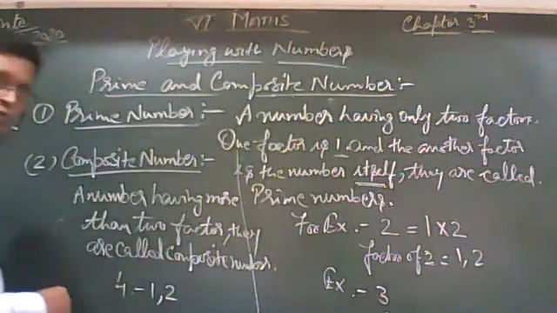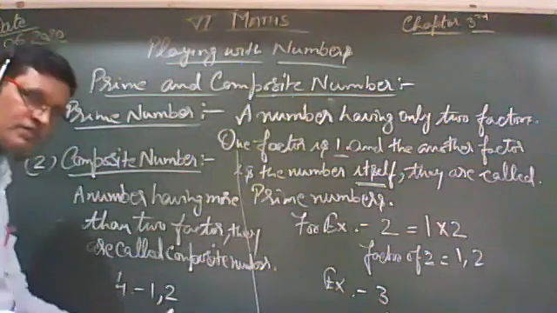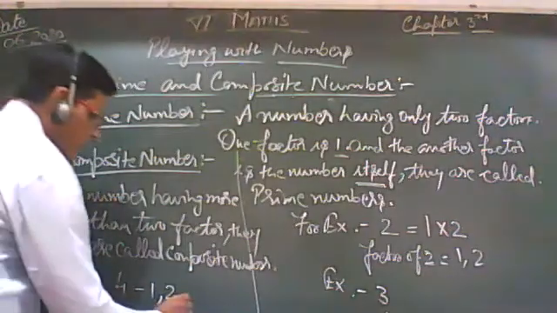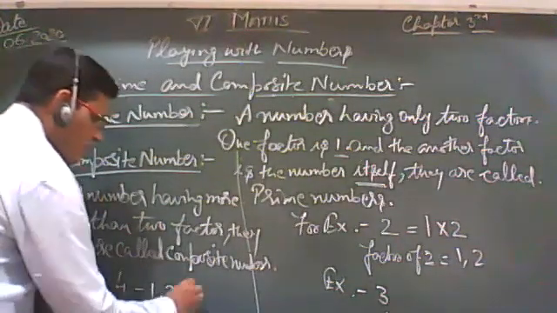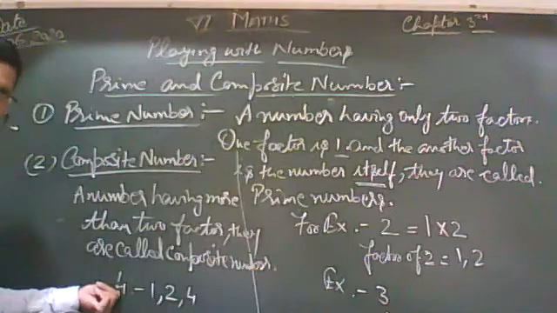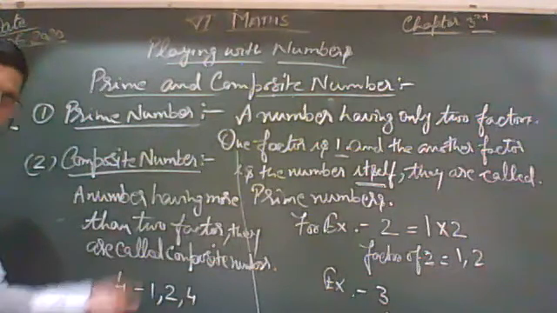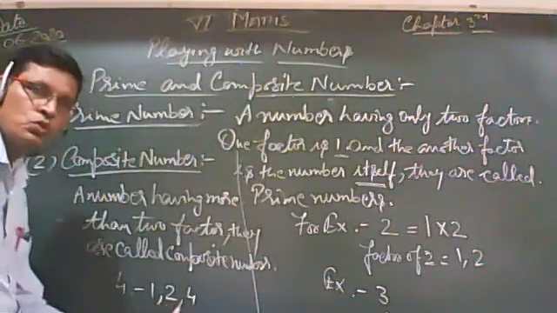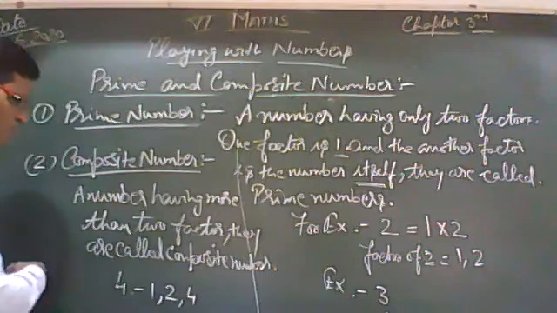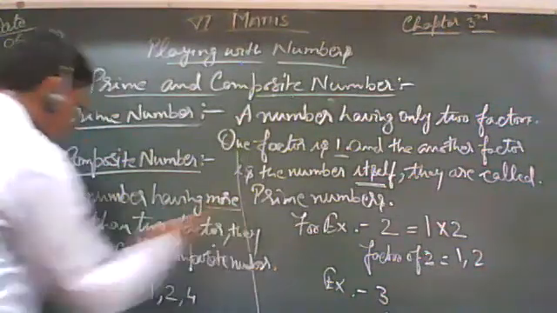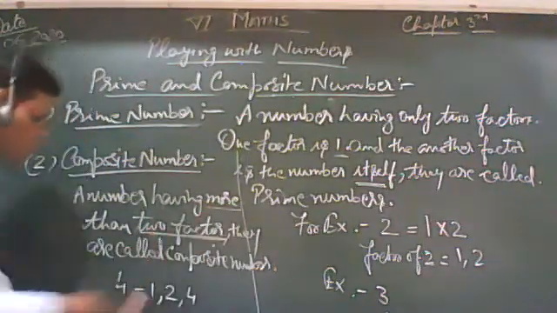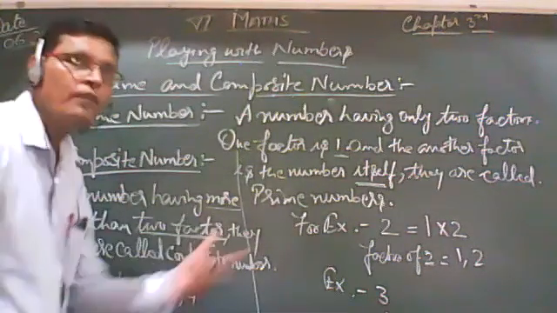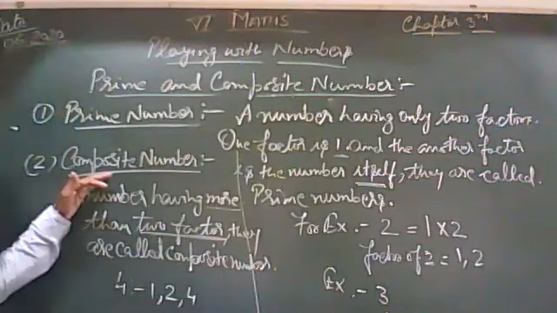Then 2: 4 is exactly divisible by 2, so 2 is a factor of 4. And similarly, 4 is exactly divisible by 4. Therefore, 4 is a factor of 4. And how many factors are there? 1, 2, 3. And our definition says having more than two factors. Here there are more than two factors because 3 is more than 2. Therefore, 4 is a composite number.